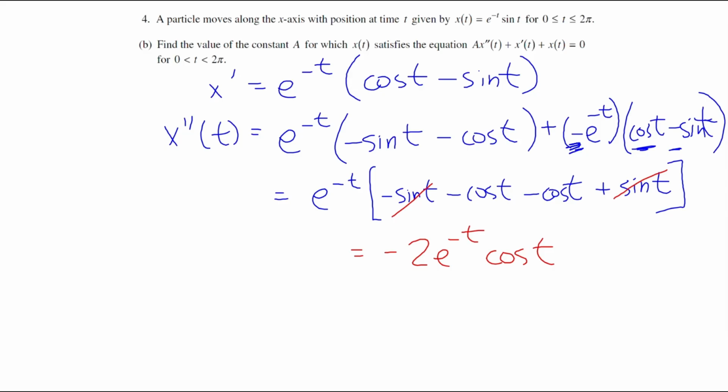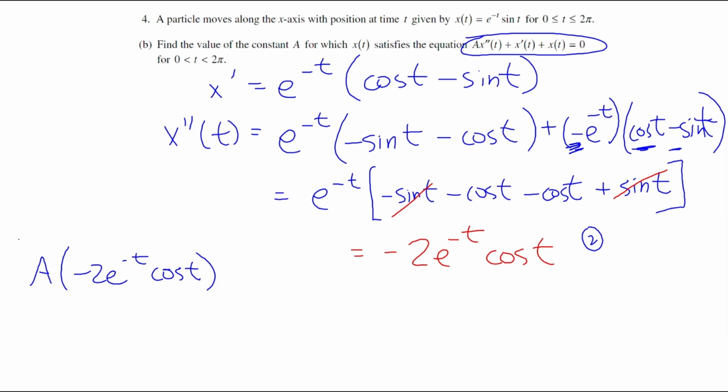They actually do give you 2 points just for finding x double prime. Not 1 point, like I just said, 2 points. And then now we're going to plug in x double prime and x into this equation they gave us here, a x double prime plus x prime plus x of t is equal to 0. So let's see what happens when we do that. We're going to have a times negative 2e to the negative t cosine t.